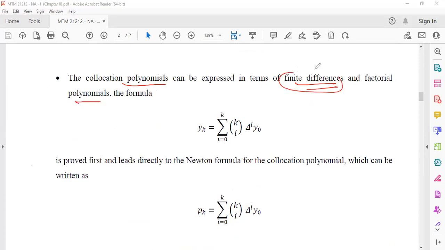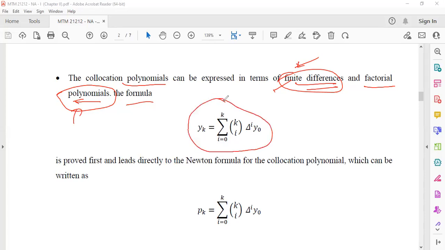When we are studying finite difference, we can study that. Now just leave it, and factorial polynomial we are going to study next. I'm going in order, so don't worry about these words. I will explain this formula, but we can see these things later.